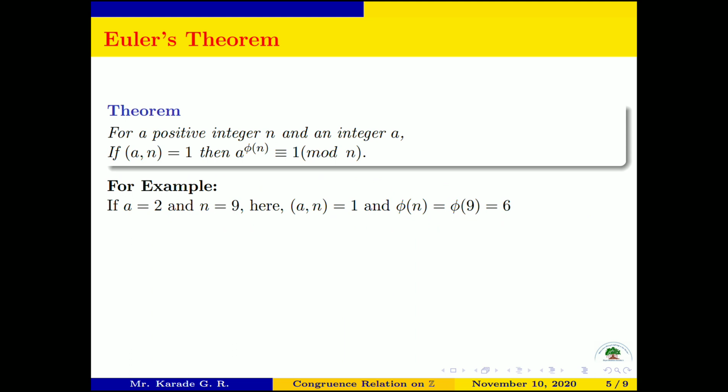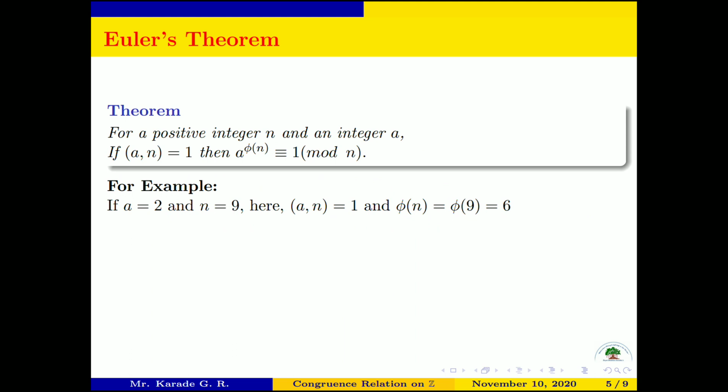a equal to 2 and n equal to 9 are two integers such that GCD of a and n is equal to 1, and phi of n, that is phi of 9, is equal to 6.